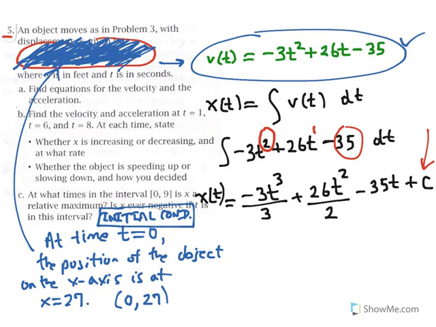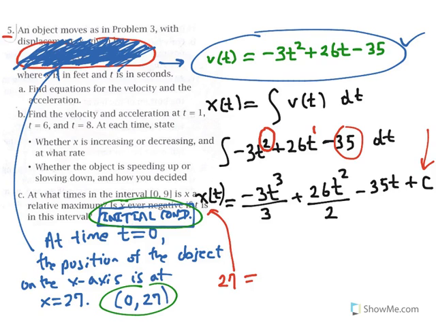And to figure that out, you're going to use the initial condition that was given. At time is equal to 0, the position of the object is at x is equal to 27. So using that, I can solve for c. I'm going to substitute 27 for x, and I'm going to substitute 0 for t.